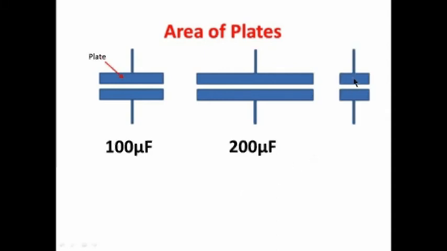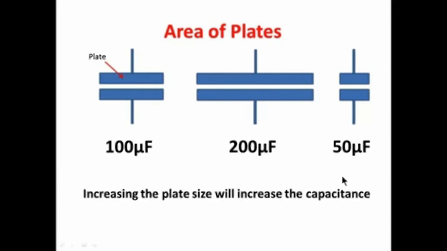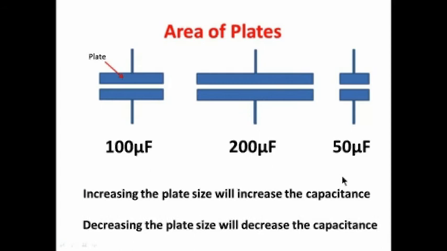If I make the plates smaller, and these are roughly half the original plate size, then we halve the capacitance and we only get 50 microfarads. So increasing the plate size will increase the capacitance, and decreasing the plate size will decrease the capacitance.